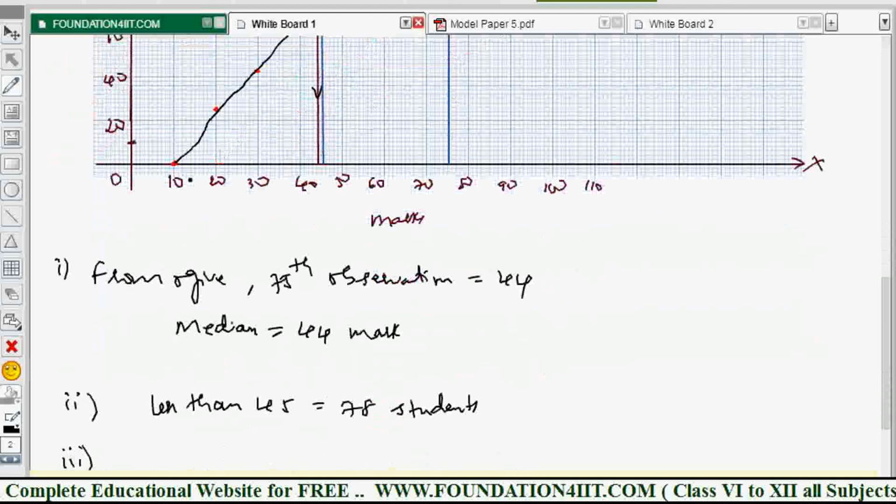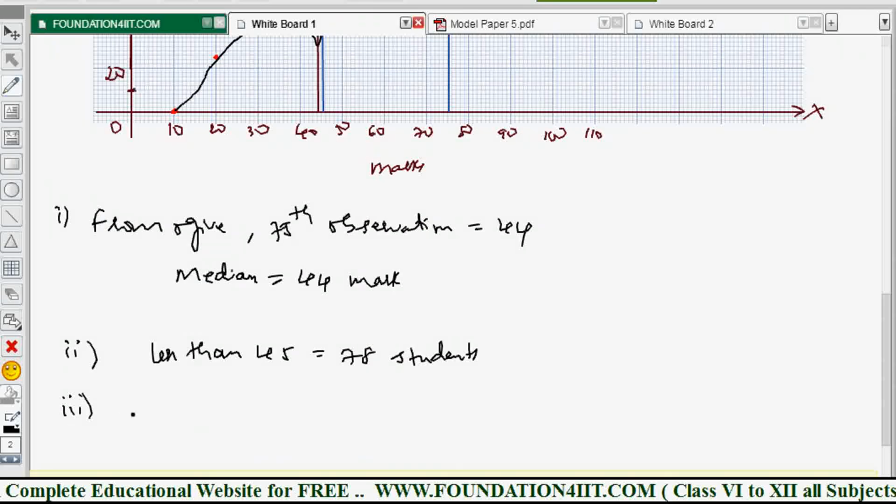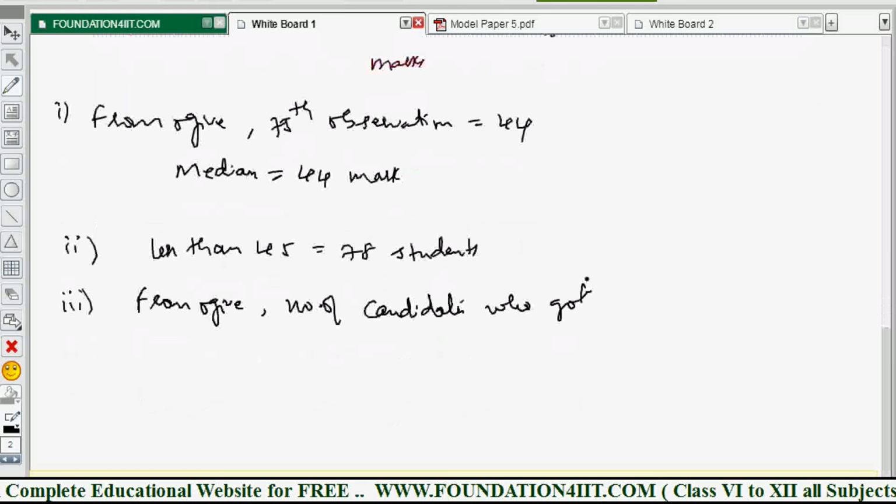So from the ogive curve, 132 is the number who got less than 75, but we need more than 75. From the total 150, you subtract 132: 150 minus 132 is 18.